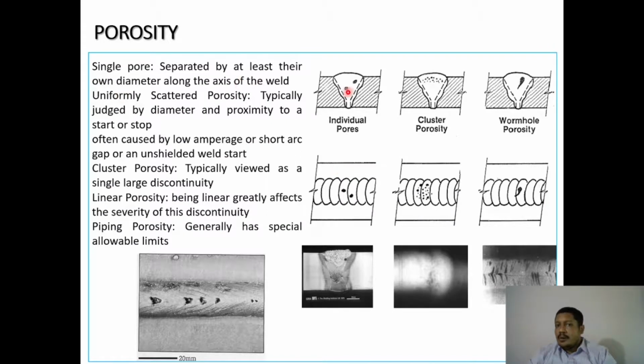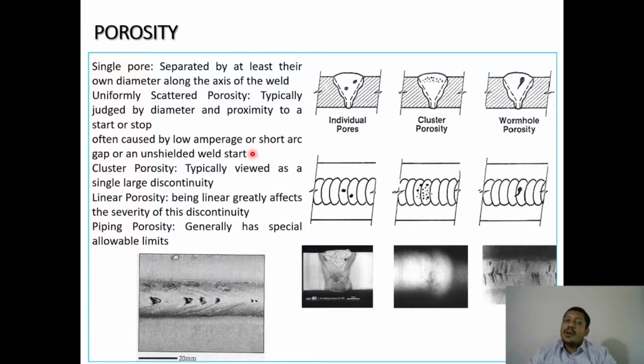Single pore or individual pore: you can see that at a certain distance apart only one porosity is present, called a single pore or individual pore. Uniformly scattered porosity is typically judged by diameter and proximity to a start or stop, often caused by low amperage, a short gap, or even an unshielded weld stud.